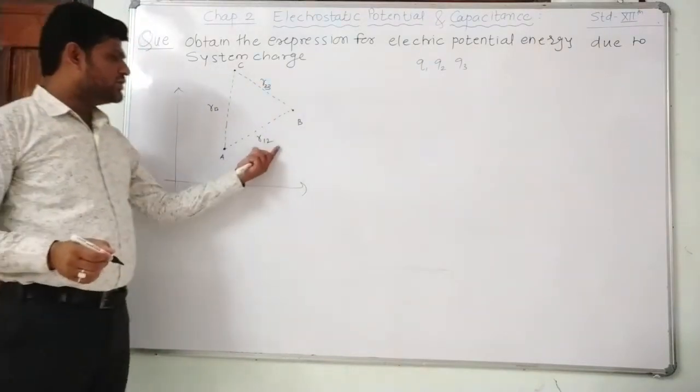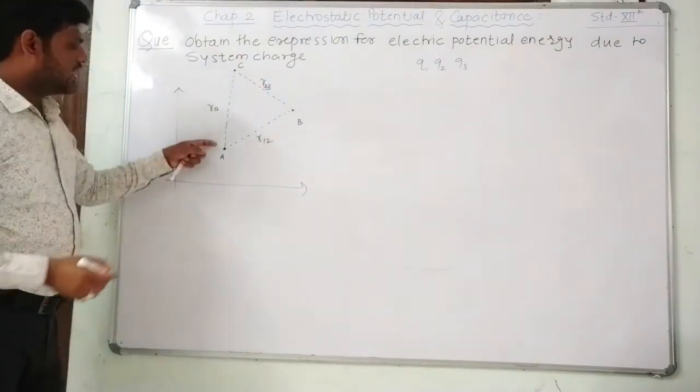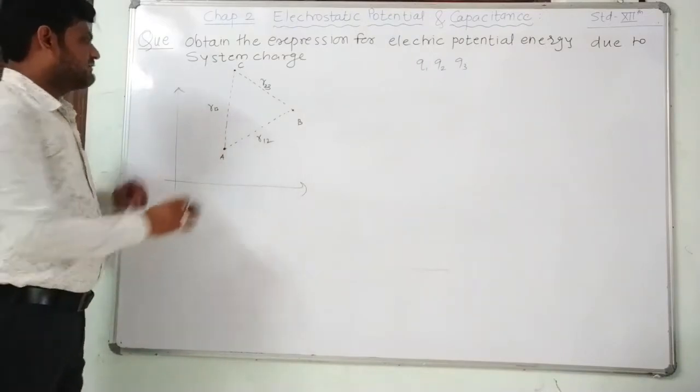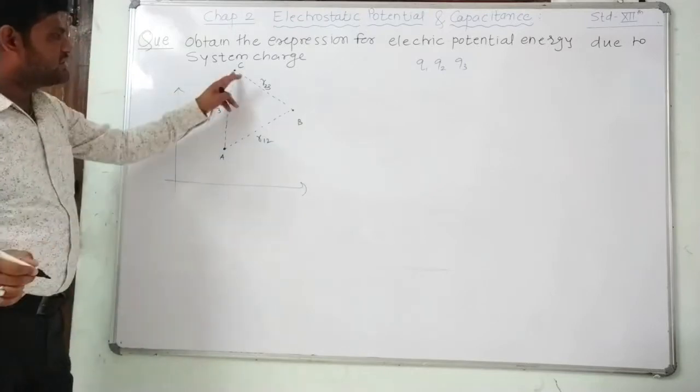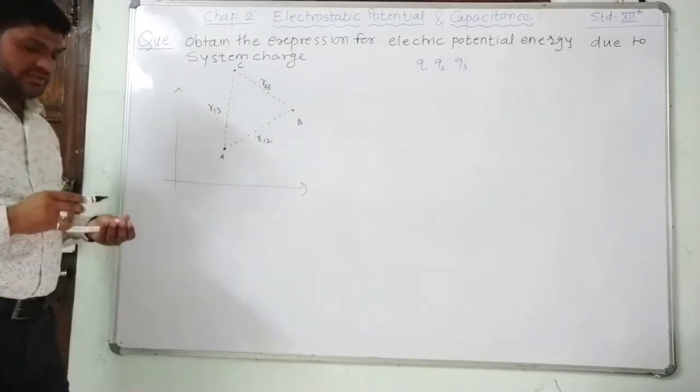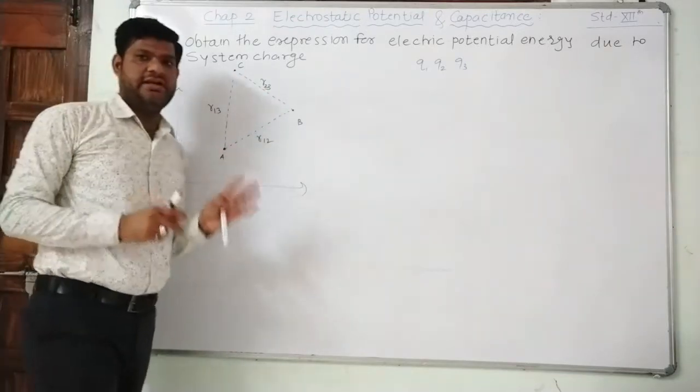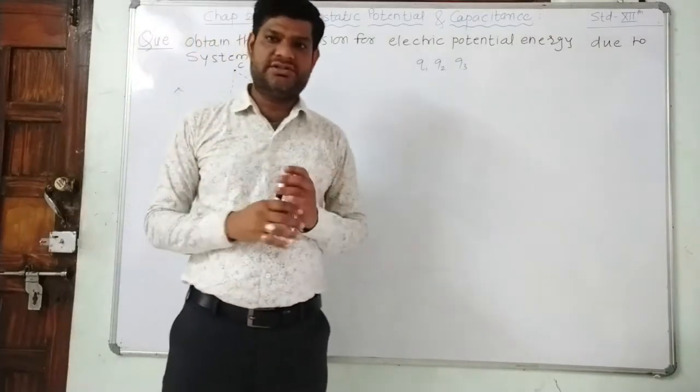So R12 is the distance between A and B, the distance between A and C is R13, and the distance between C and B is R23. A, B and C are the locations.